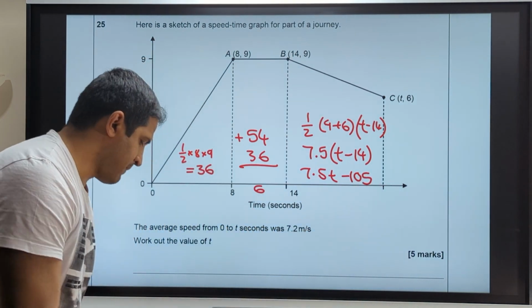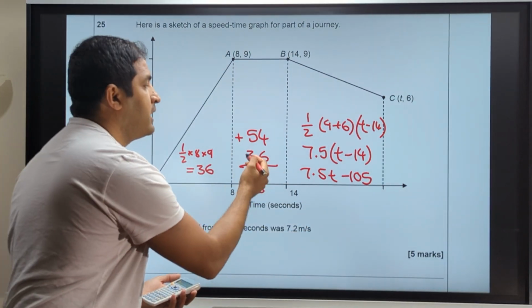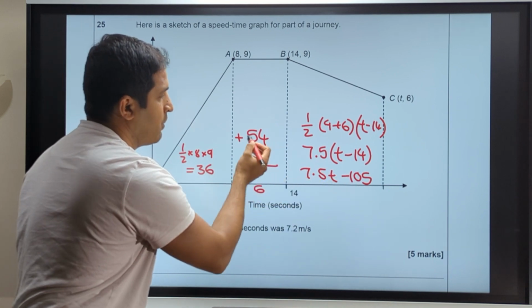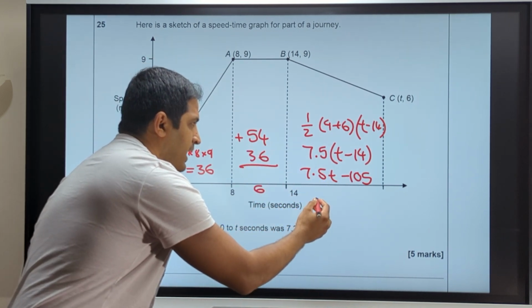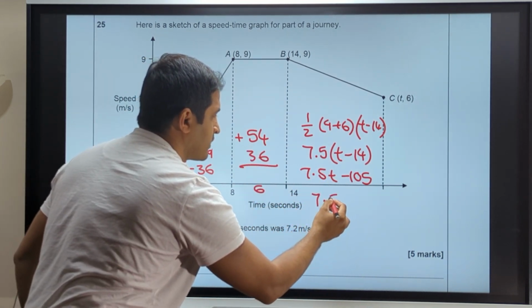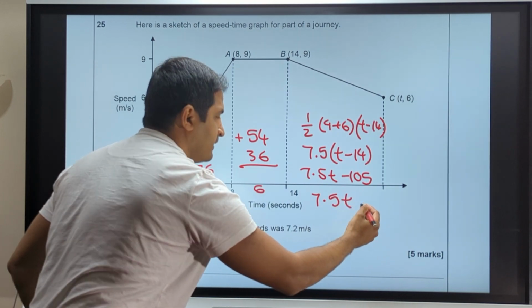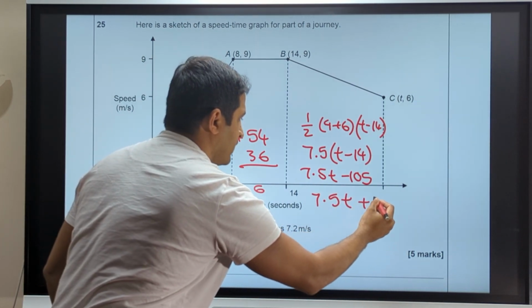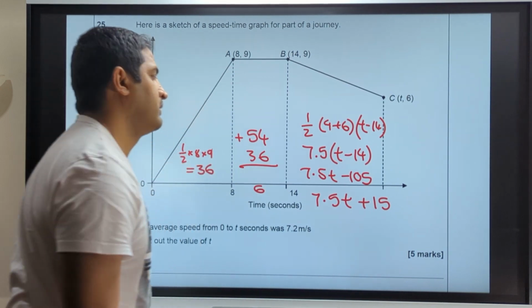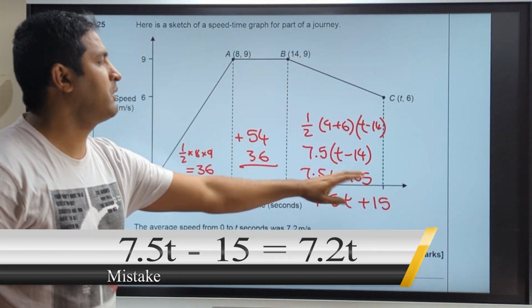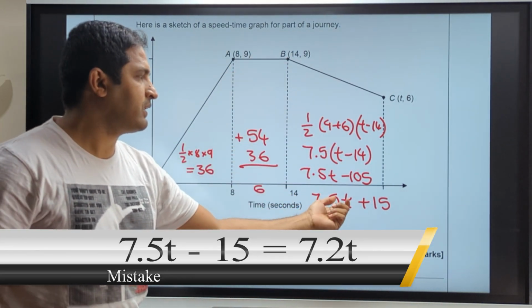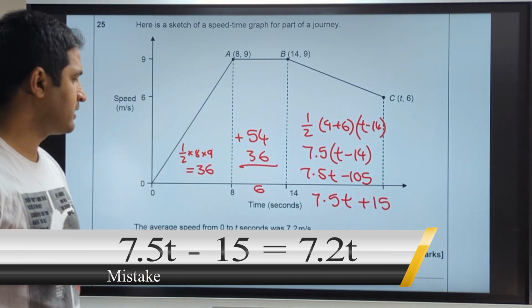We get 15 altogether when you add all the other numbers together. So what we get is this: total distance traveled is 7.5 t plus 15. Whatever that t is, 7.5 t plus 15 is the total distance traveled here.